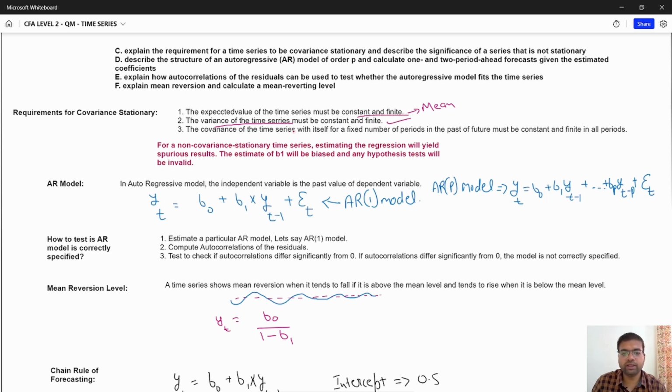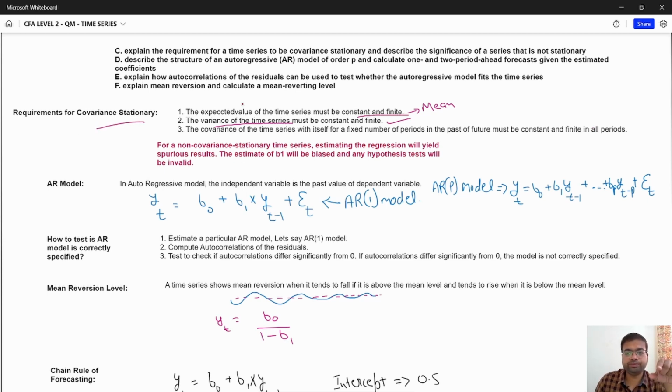The covariance of the time series with itself for a fixed number of periods in the past or future must be constant and finite in all periods. If any time series satisfies these three requirements, then we say that the time series is covariance stationary.